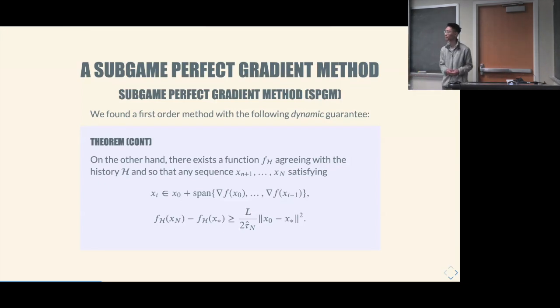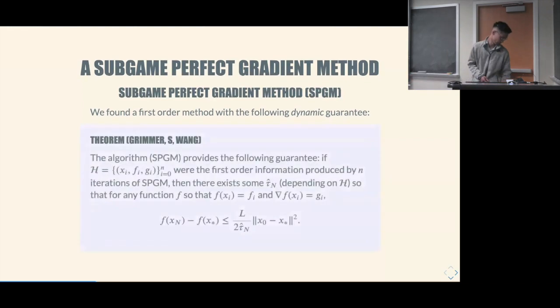Just to clarify, is tau n independent of the function that you're minimizing? Yeah, so the guarantee I'm giving you is that after capital N steps, for any L smooth and convex function, I get this bound, right?